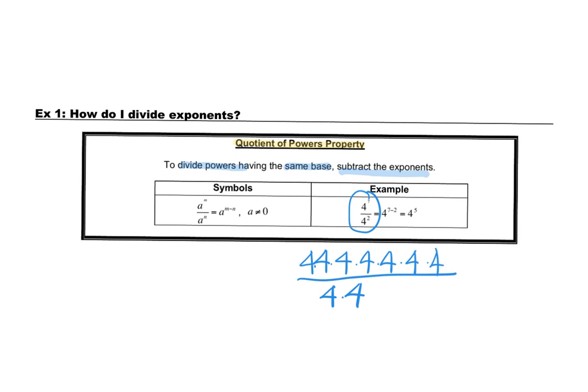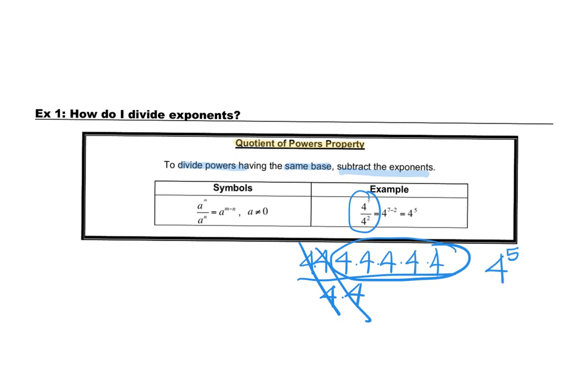If you have a 4 divided by 4, that's going to result in 1. And we have another 4 divided by 4 that gets canceled out, and that results in 1, leaving us with 5 4s. So we would write that as 4 to the 5th power.